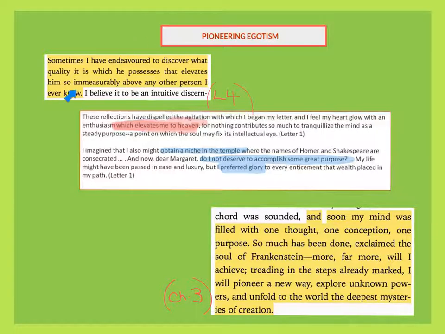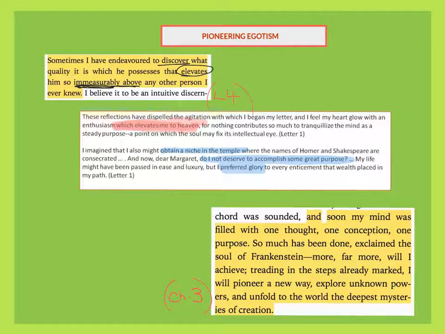Sometimes I have endeavoured, a word you see repeated a lot, to discover, look at those verbs previously, what quality it is which he, Victor, possesses that elevates him so immeasurably above any other person I ever knew. So we can also see a pattern here between elevates used twice.